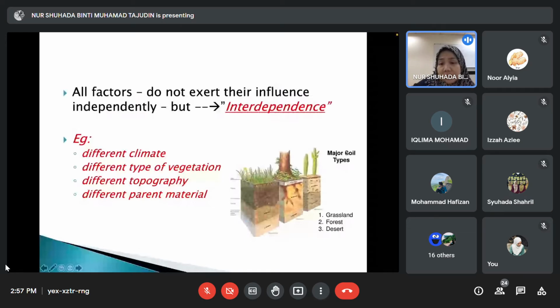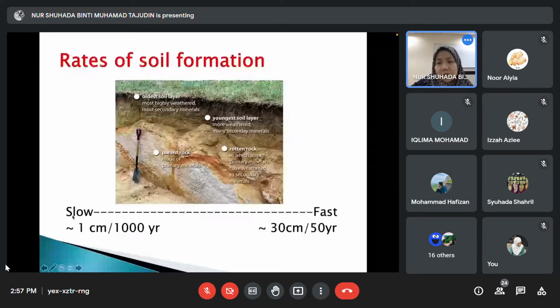So these are what I say, our activities, meaning organisms, is affecting the soil, but not only organisms, other factors also, which we will discuss one by one. So the rate of soil formation starts from a very slow rate to a very fast.